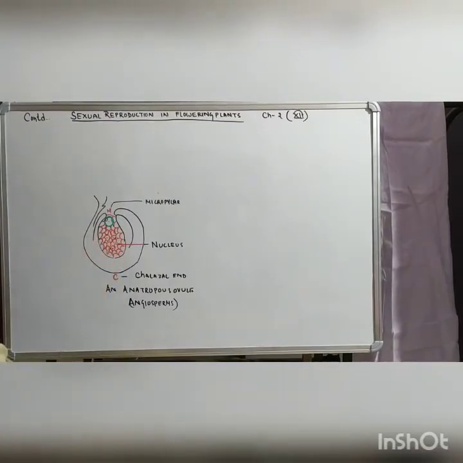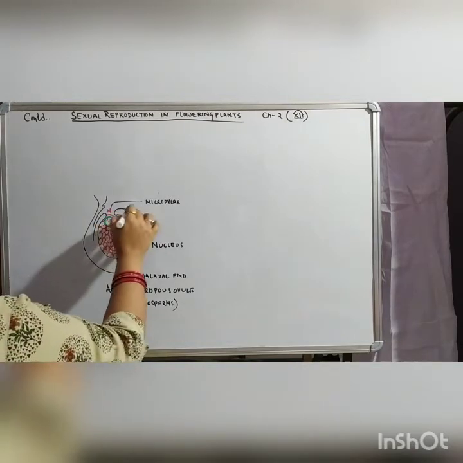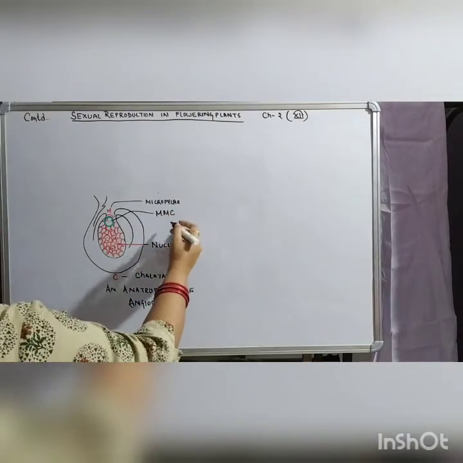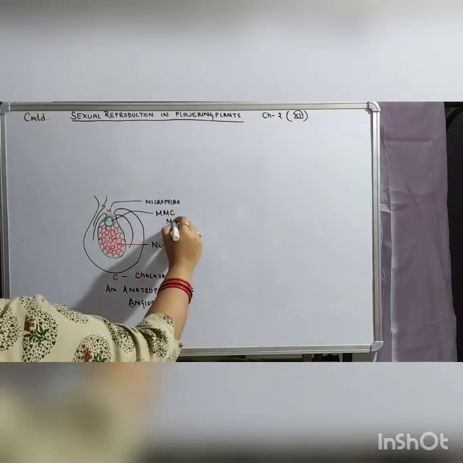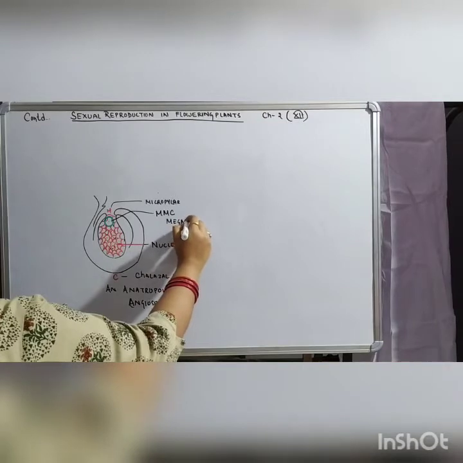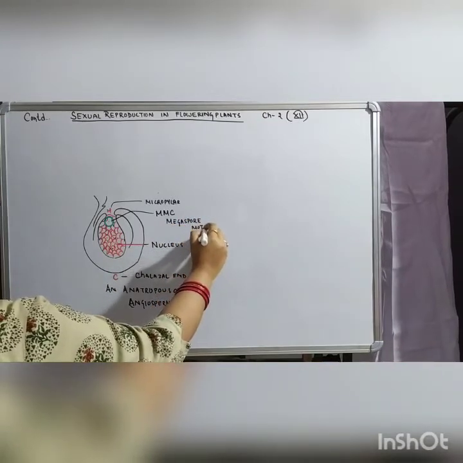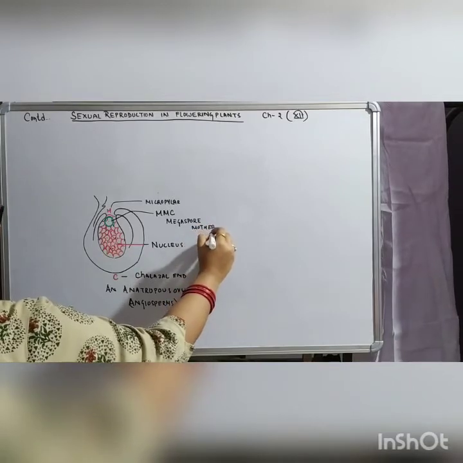This cell has already attained its maturity and is now called MMC. What is MMC? It's the megaspore mother cell.